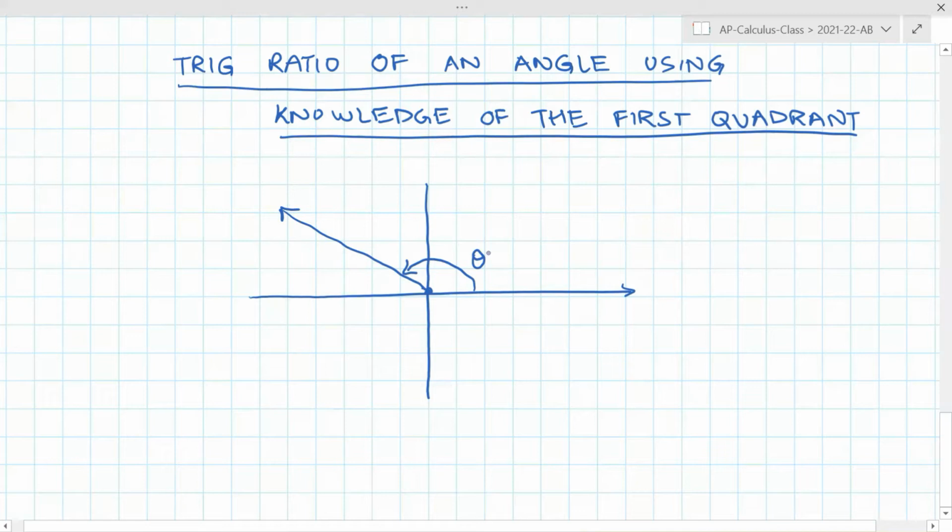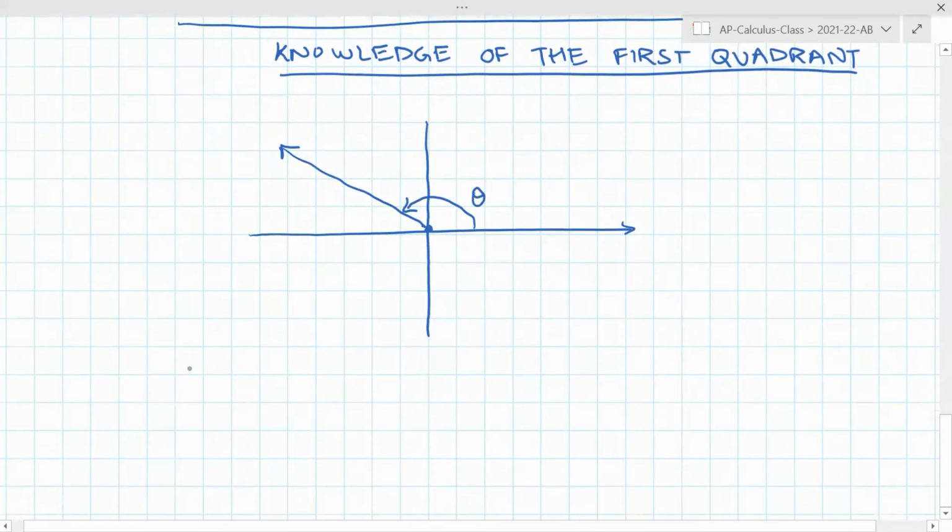So theta is the angle, and I want to find out, let's say, sine theta, but theta is obtuse, right? It's bigger than pi over 2 here. And I only have the knowledge of the angles smaller than pi over 2.